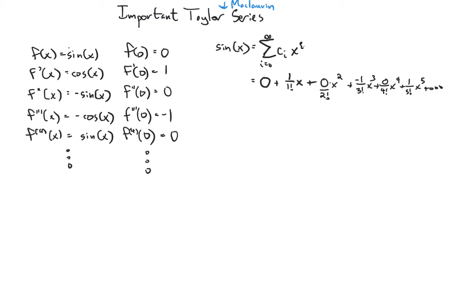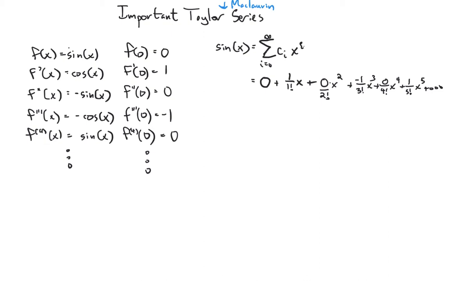So now we kind of understand what's happening here. The coefficients are alternating 0, 1 over 1 factorial, 0, -1 over 3 factorial, 0, 1 over 5 factorial. So the only terms that are surviving are the terms that have odd degree. And it also seems that the odd degree terms are alternating positive, negative, positive. X to the 7 would be a negative term.